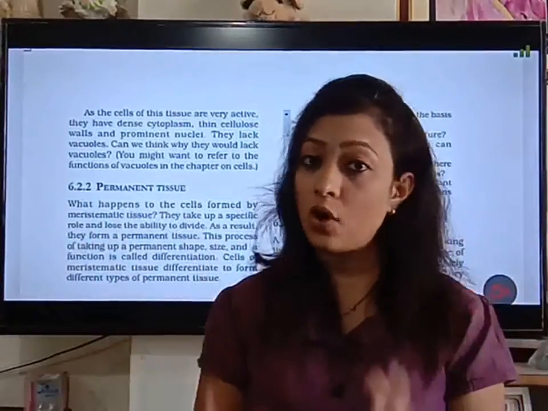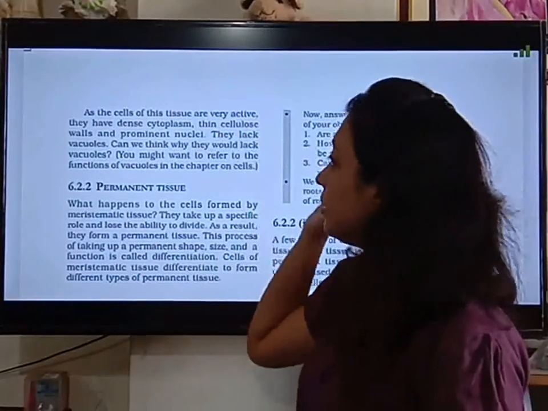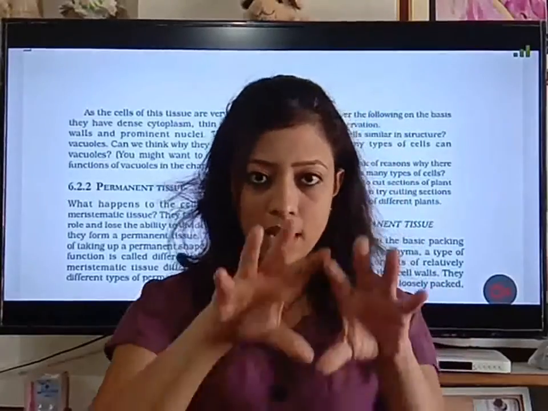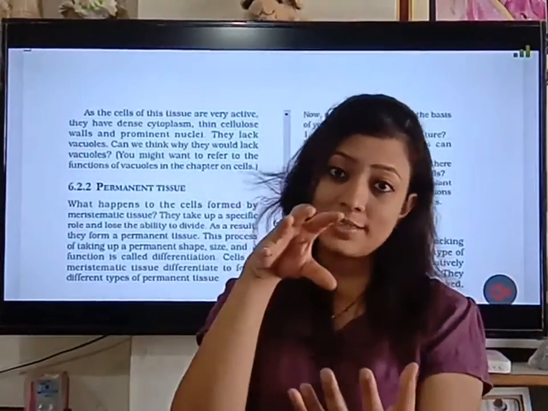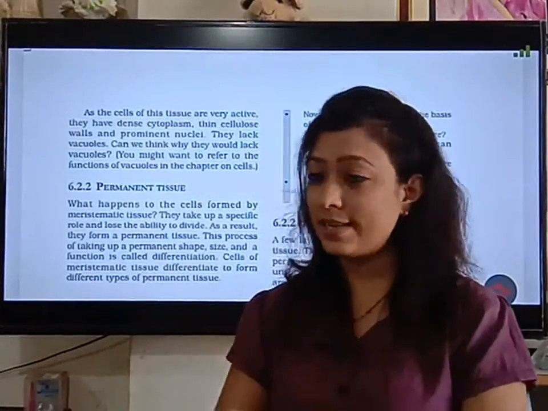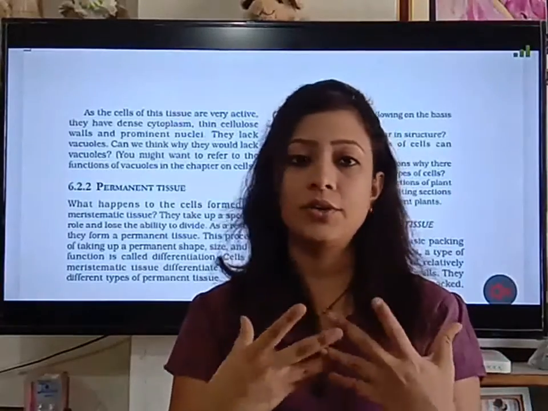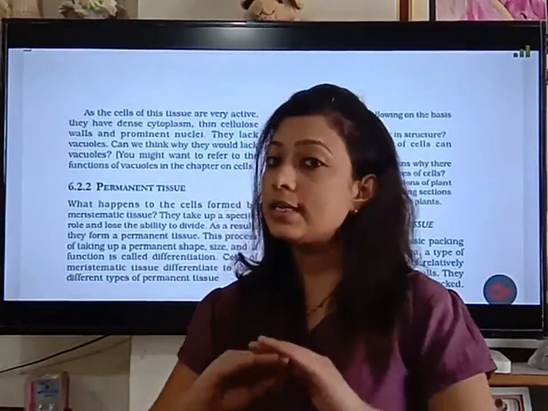So lignin is not deposited on their walls, and hence their walls are very thin. They have a very big and prominent nucleus at the center of the cell. They lack the vacuole. As I told you, they are continuously growing cells, so they do not possess a vacuole in their cytoplasm.